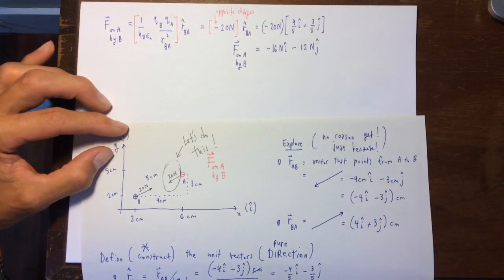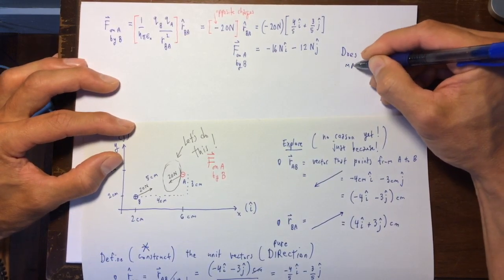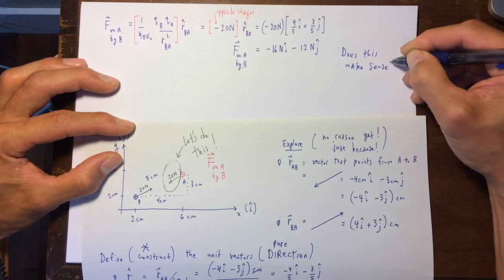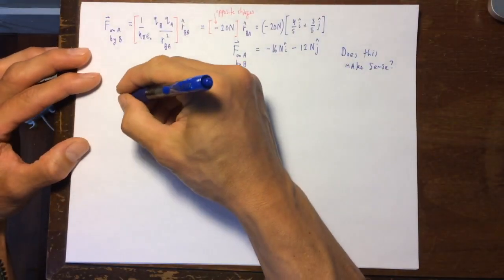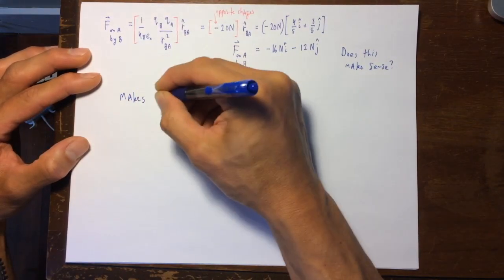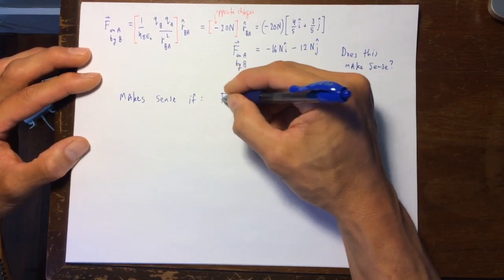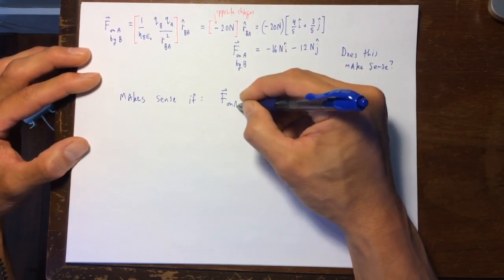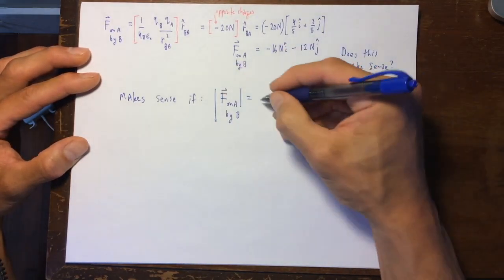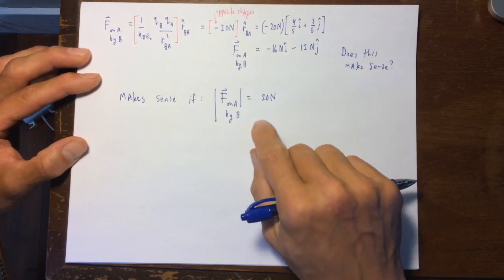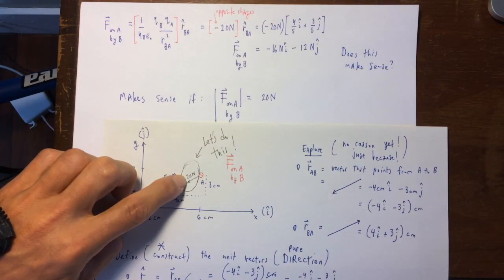So let's see if this makes sense. For it to make sense, the magnitude of the force on A by B is 20 newtons, because our problem has 20 newton forces involved.